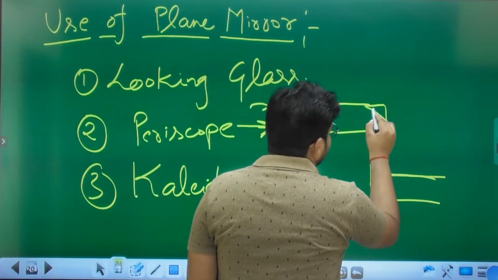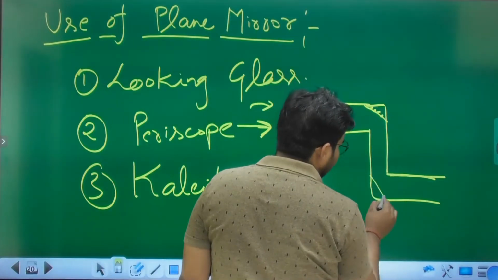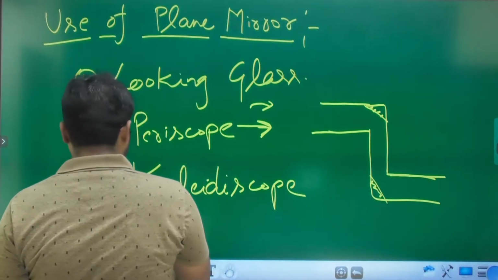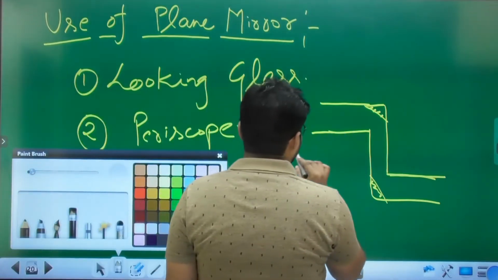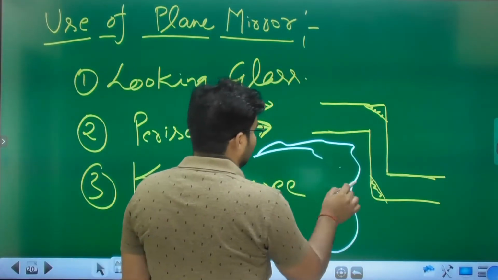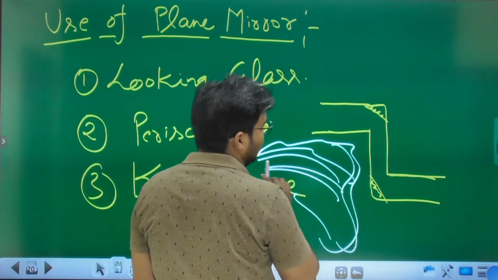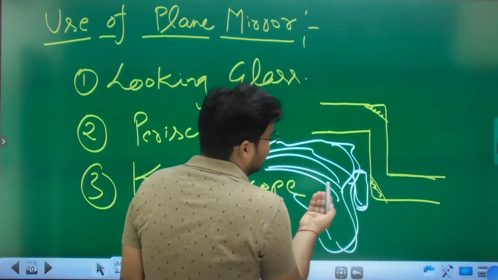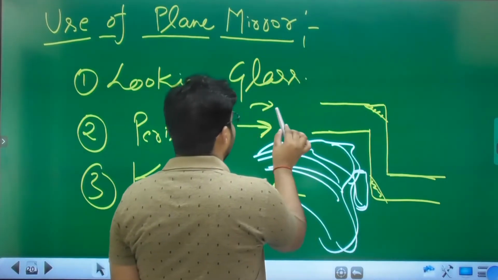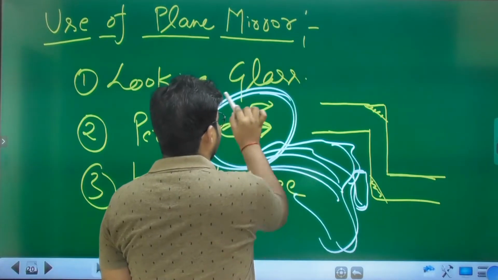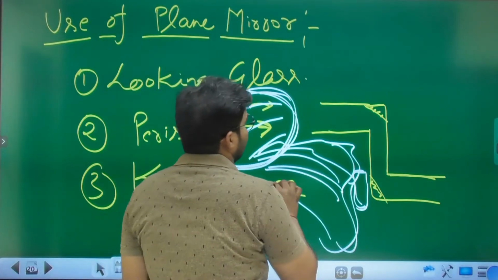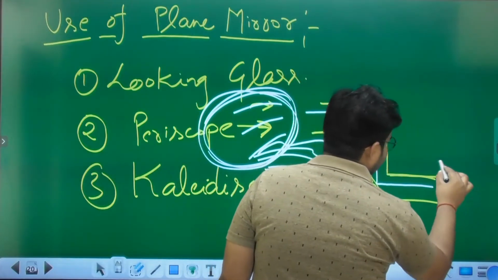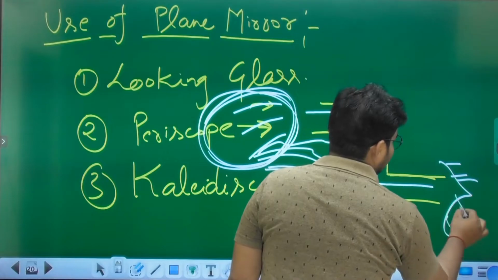In this there is a plane mirror here and there is a plane mirror here. Suppose this one is a small hill, and our soldier is hiding himself behind this, and he wanted to know the area. Clear? So the light rays strike on it, and that is our soldier's eye.